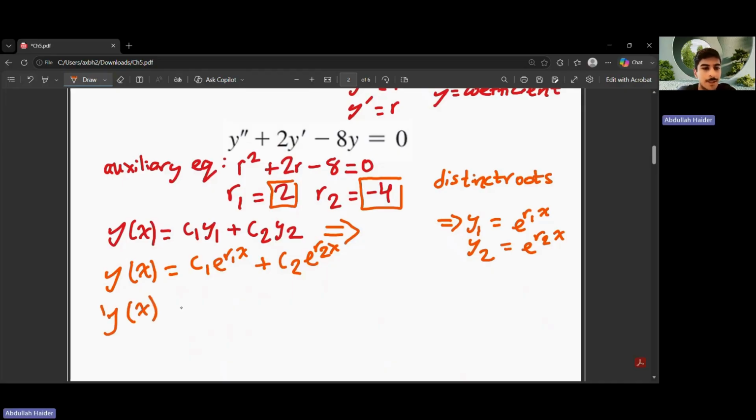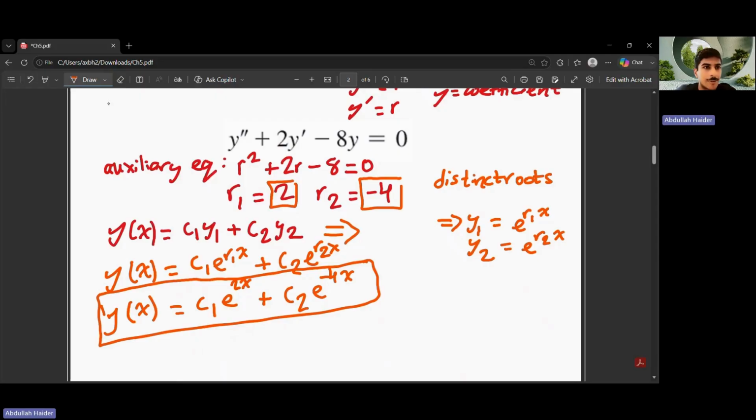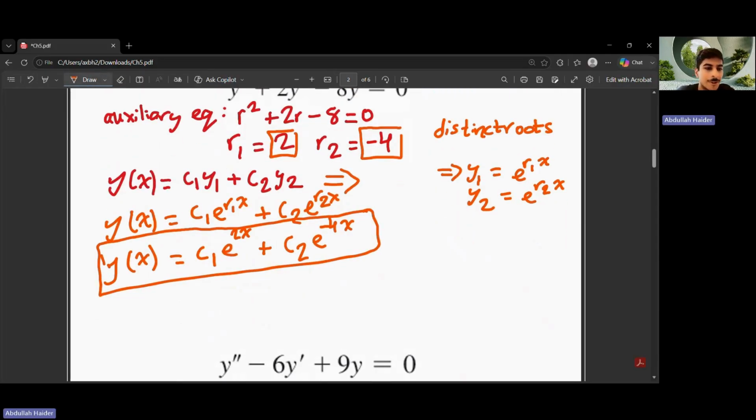y of x equals c1 e power 2x plus c2 e power negative 4x. This is our answer. And one important thing to know is this answer is always the homogeneous solution.